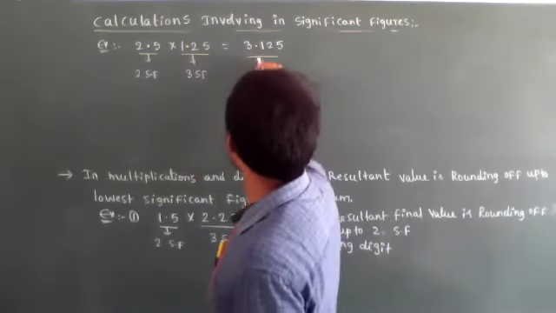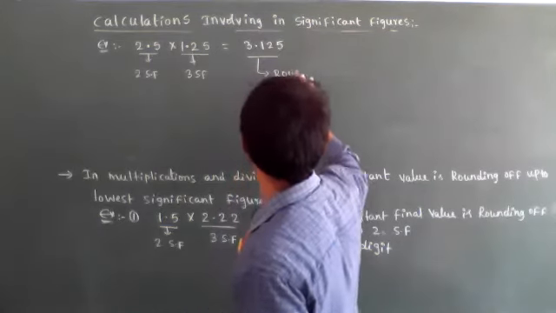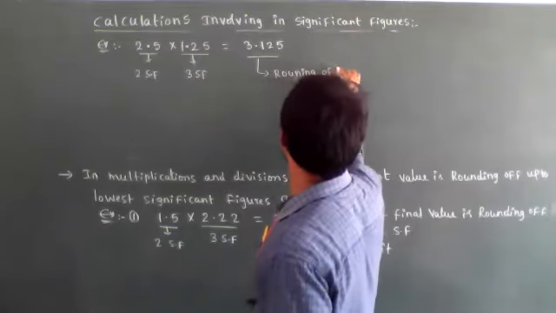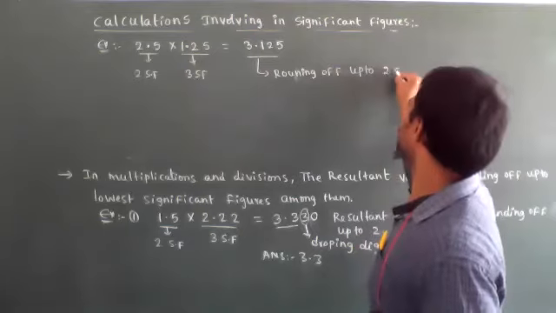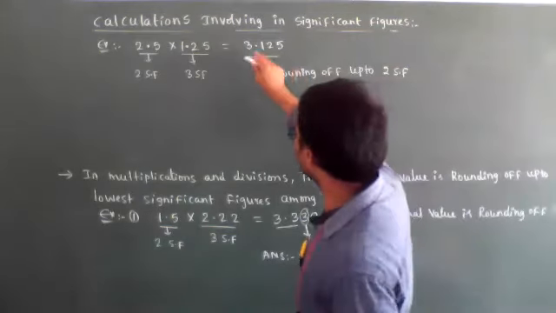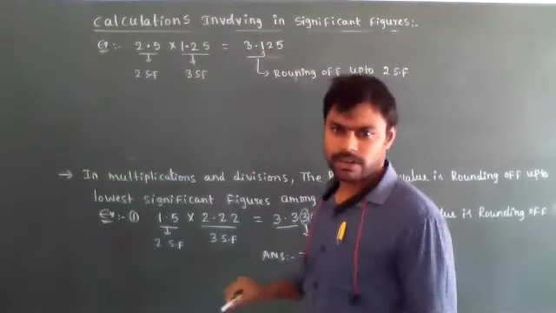Now the resultant value also we need to round off, up to 2 significant figures. Up to 2 significant figures means up to 3.1 will come.